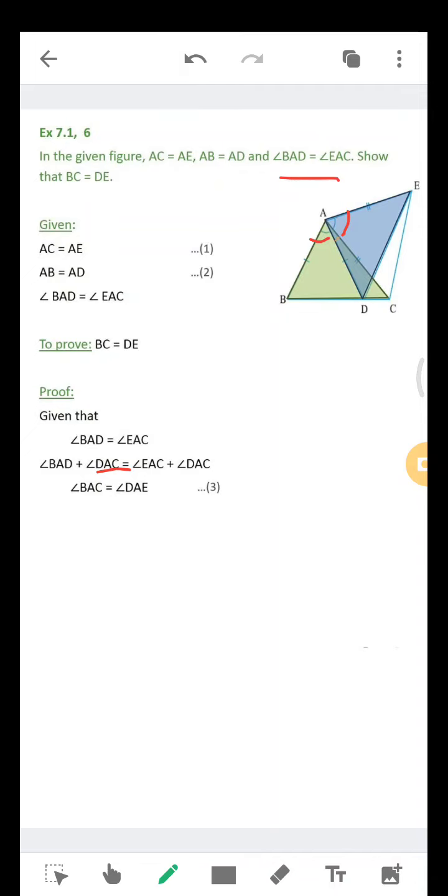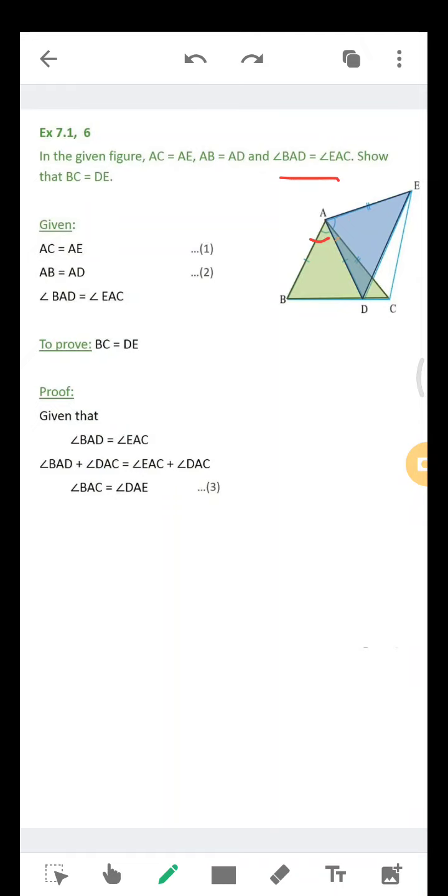So I'll add DAC on both the sides. If I add DAC on both the sides of these angles, then I get BAD plus DAC is equal to BAC, and EAC plus DAC will give you DAE. So we get the complete angles by adding the missing part.